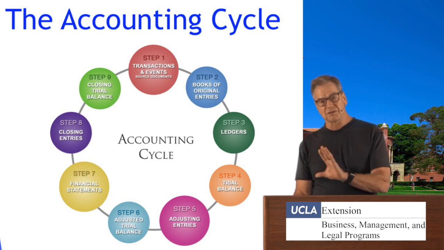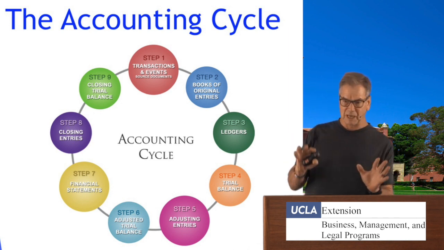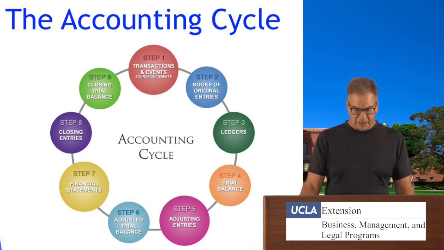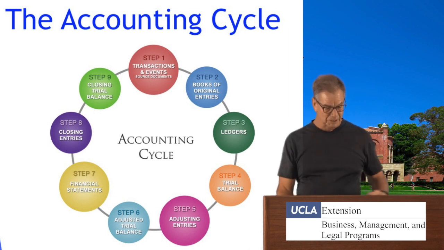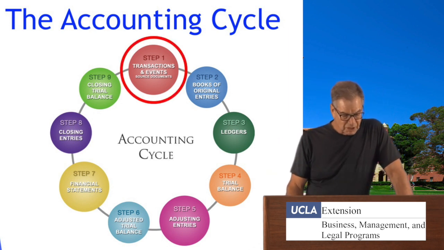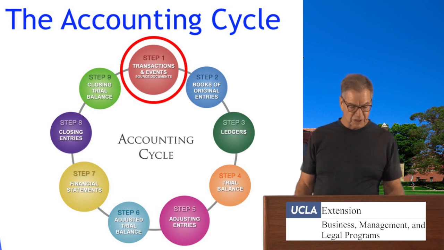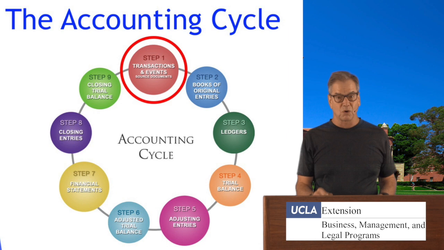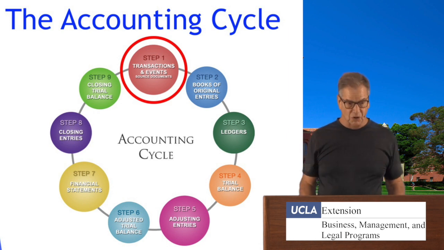Before we get into how to set up accounting management systems, I want to go through the accounting cycle. This is a pretty simple diagram here. The first thing in this accounting cycle is the transactions and events. This is the actual purchase, writing of a check, or purchasing something with a credit card.